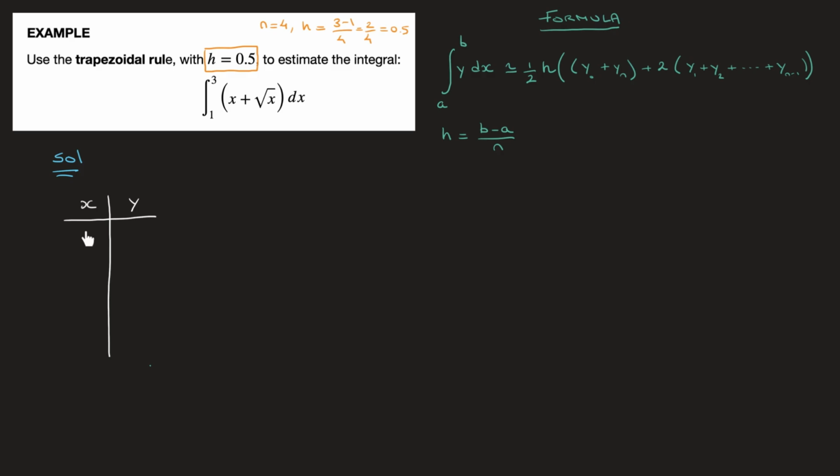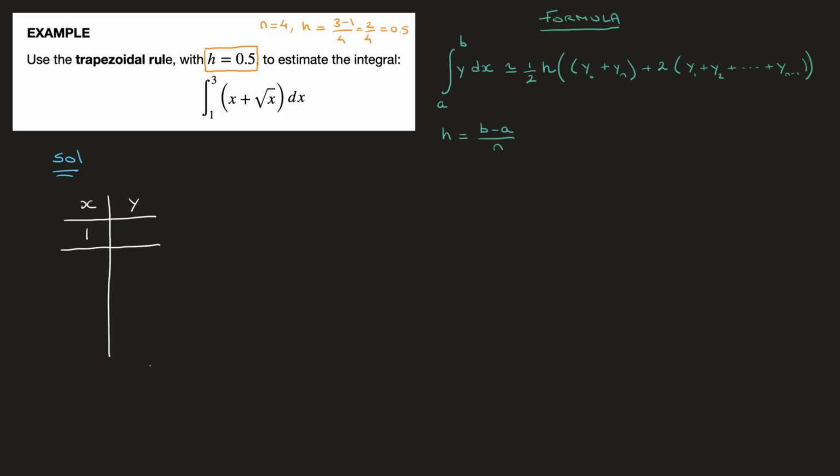Okay, the first value of x inside our table will equal the lower limit of the integral. So in this case, that's 1. So I can already go ahead and say 1 here. And for all the next values of x, all I have to do is add the step size h to get from one row to the next until the x value I get is equal to the upper limit of the integral. In other words, until we get to 3.